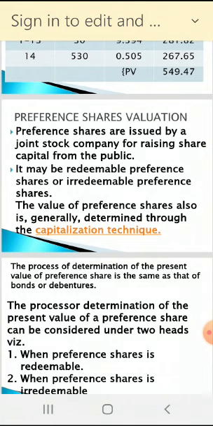Here, equity and preference holders are the owners. So this logic we have to understand properly. The nature of the capital is very important to understand.